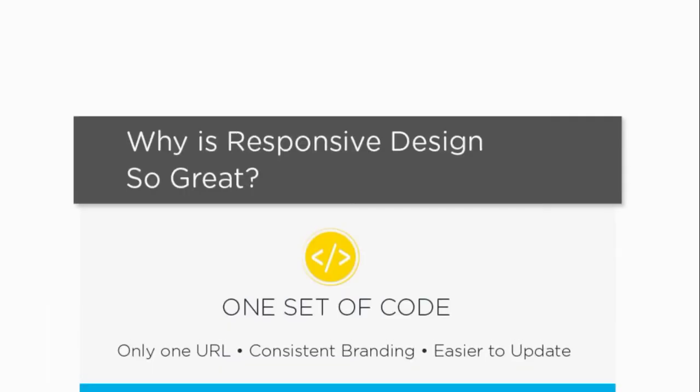When we talk about one set of code, it's because you're designing a site from scratch, from the beginning. So you're going to build all the code all at once for one specific URL, and as you design, obviously it will be fluid and it will change across screen sizes for that consistent branding. Okay, so I just wanted to make sure that was clear.